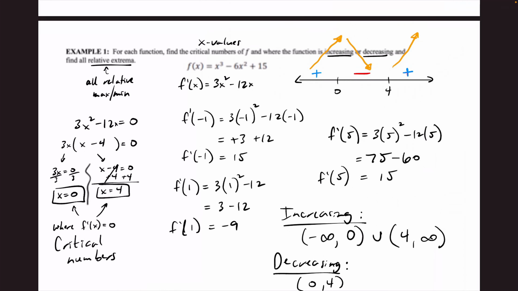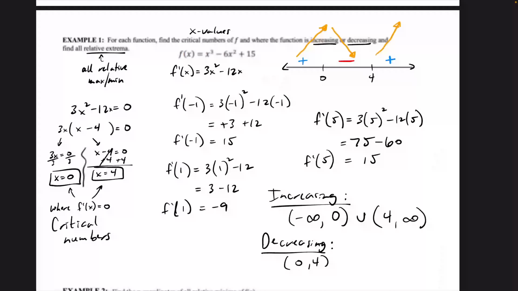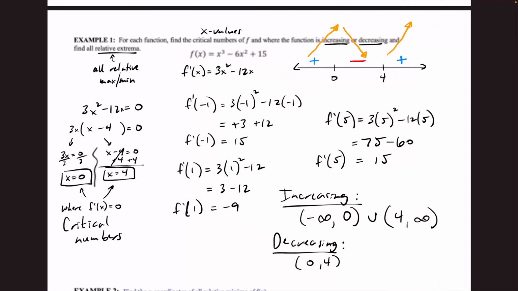Okay. That's that part. And then the last thing is label all relative extrema. So relative extrema mean maximum or minimums. Okay. So did we have a relative maximum? When do I know if I have a relative maximum or a relative minimum?